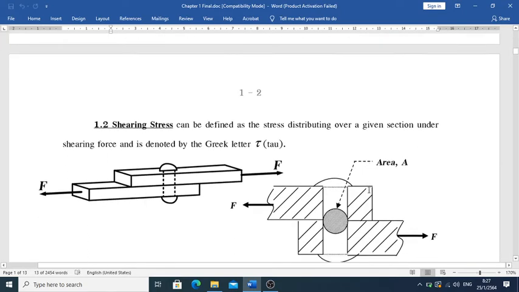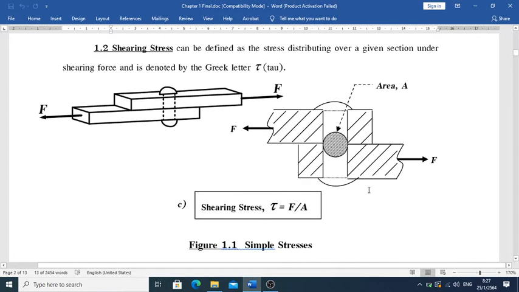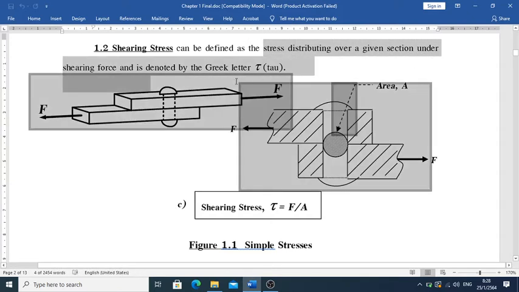Another one, which confused me a lot when I was a student like you, is the shear stress. It is denoted by the Greek letter tau. It is the force distributed over a given section under a shearing force.